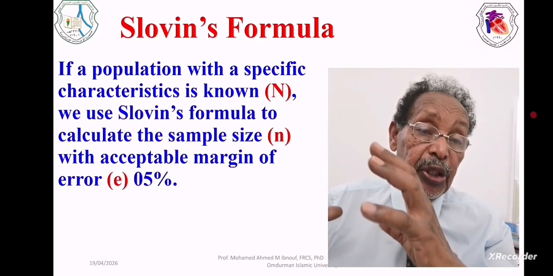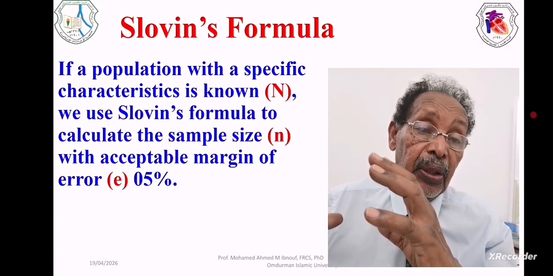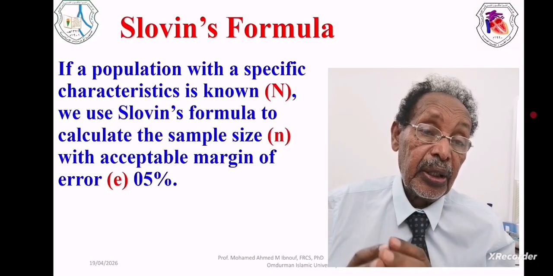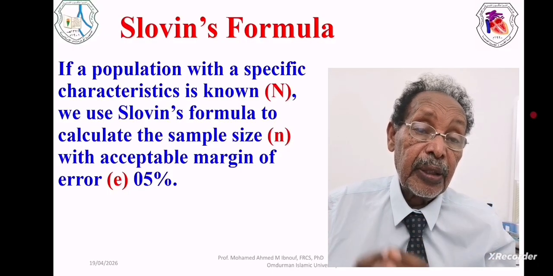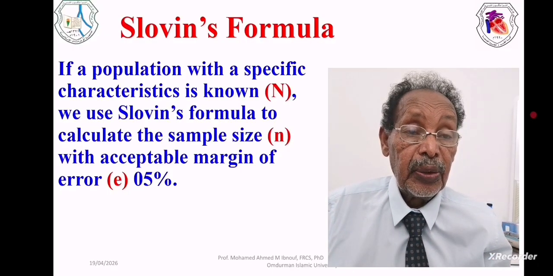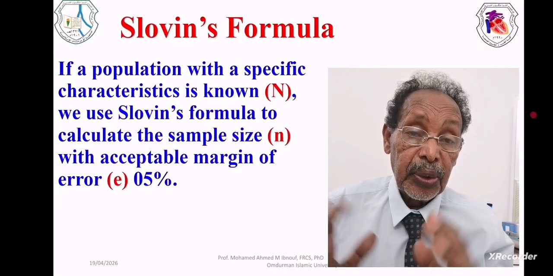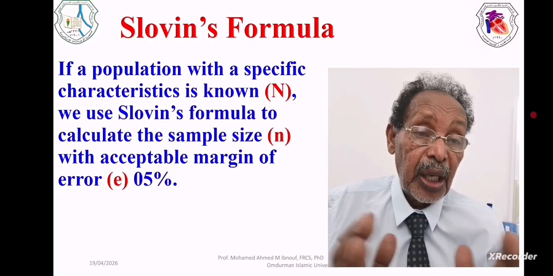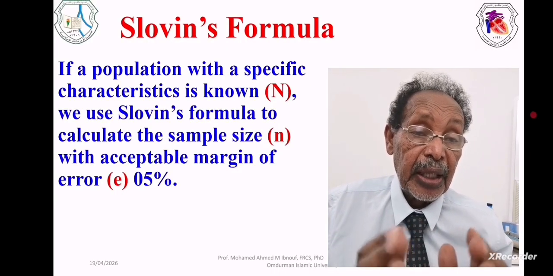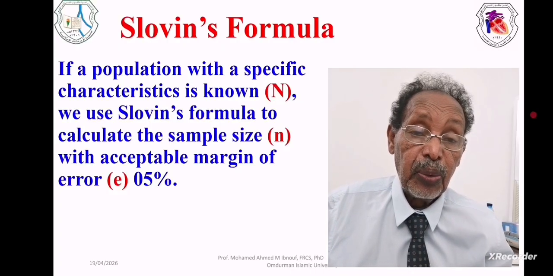The total population, that is the total admissions in 1 year, is denoted by a capital N. And the sample size we are going to select and study is denoted by a small n.